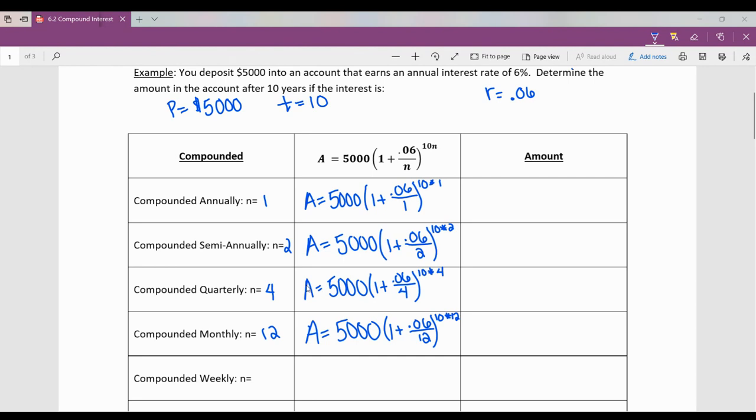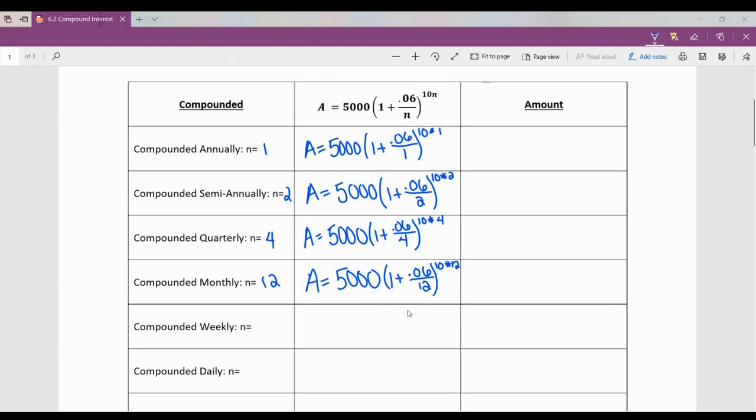All right. Couple more that we're going to go through right now. Compounded weekly. Just in case you do not know, when you get starting pay of a salary, you'll definitely know this: weekly is 52 weeks per year.